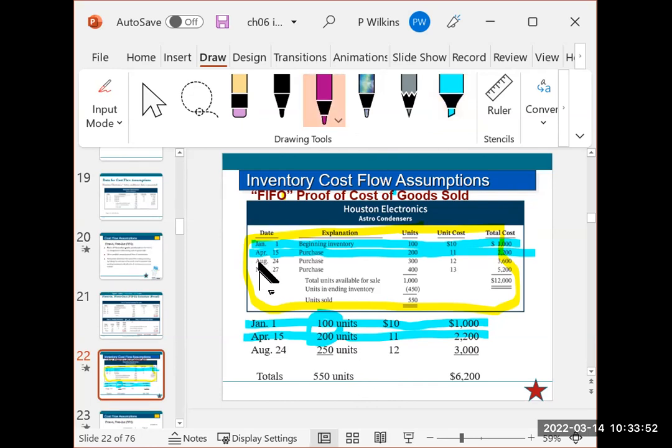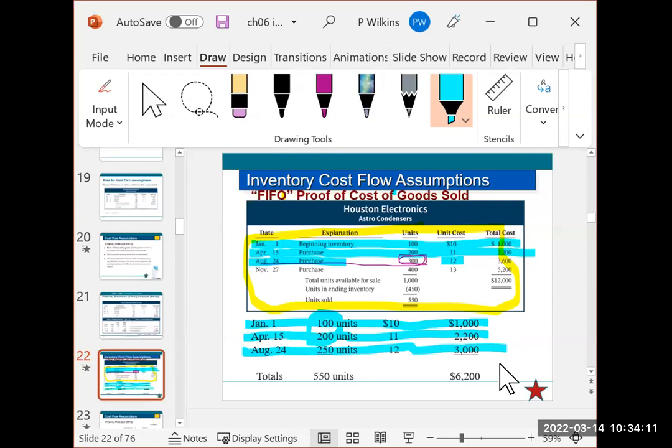So if I look up above at August 24th, I'm going to see there's 300 units, right? Well, I only need 250 of those. So I'm going to take 250 of those 300 units at $12 each. August 24th, 250 at $12 each. 250 times 12 is $3,000.